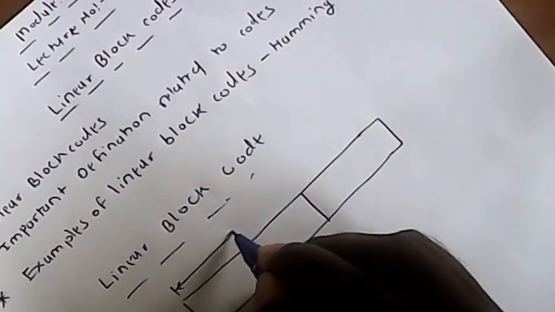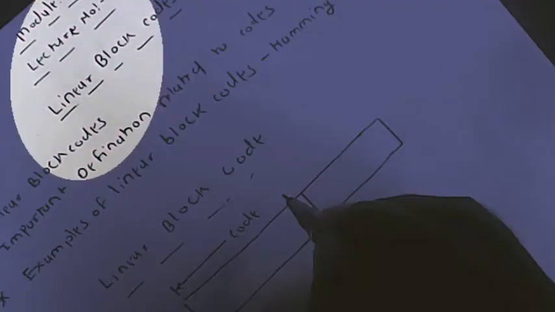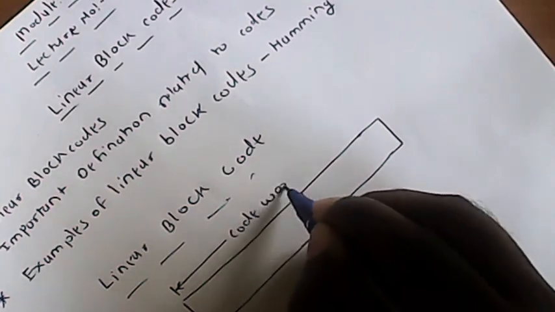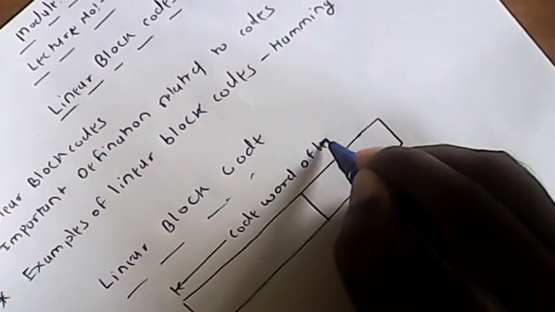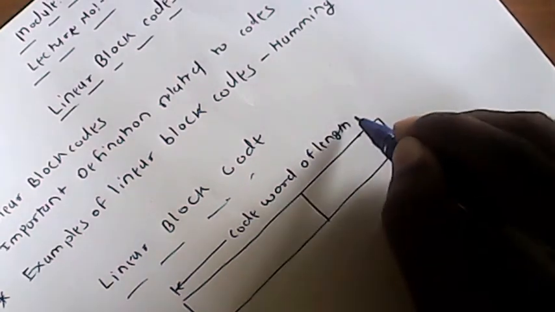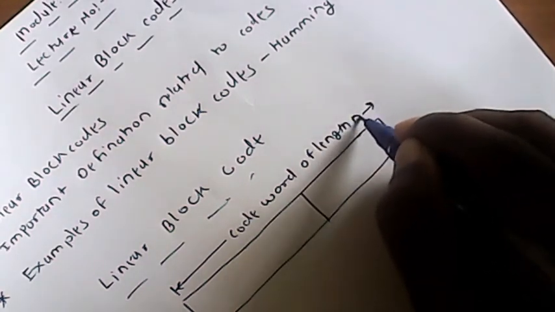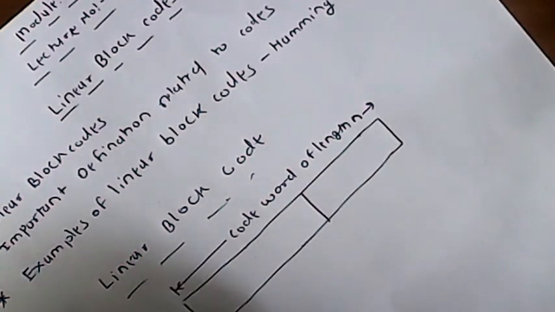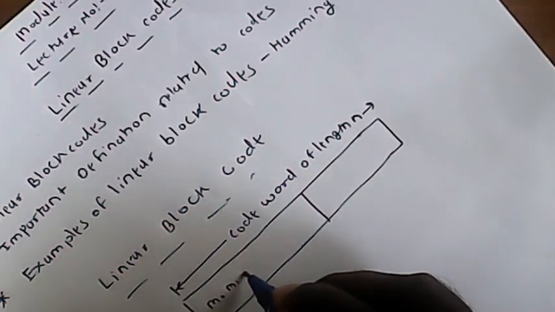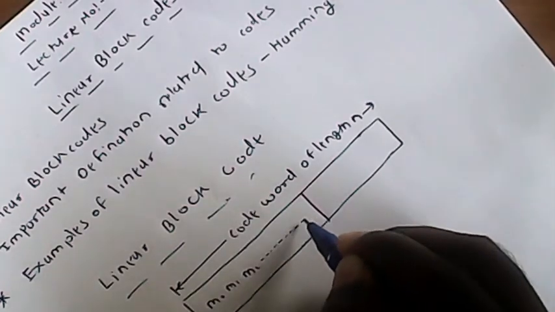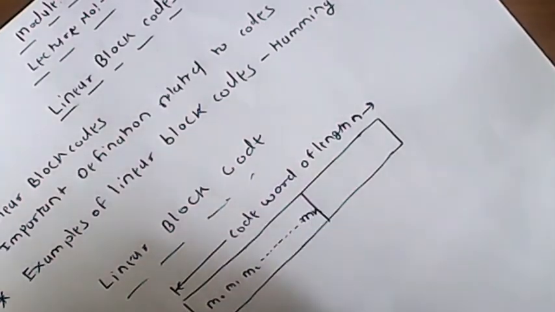This is a code word of length n, where m0, m1, m2 up to mk are the k message bits.